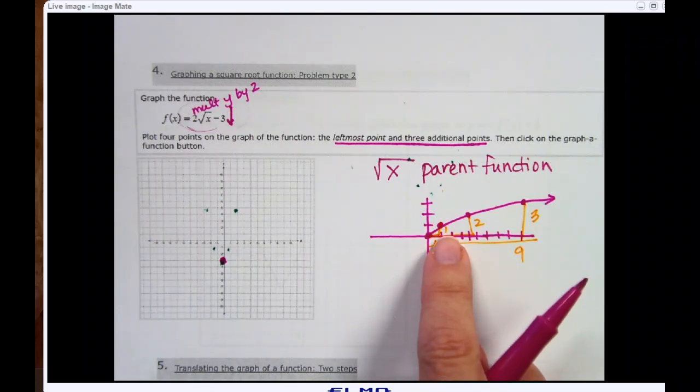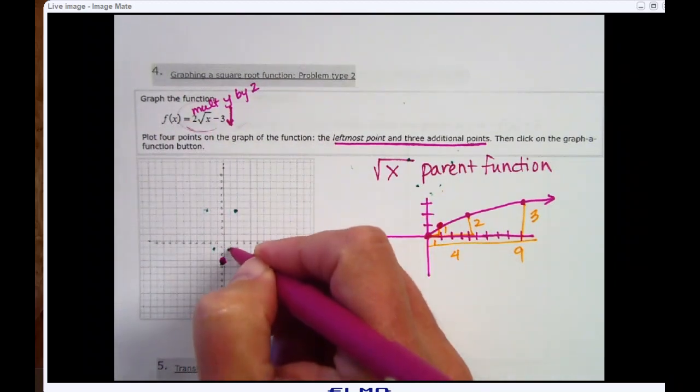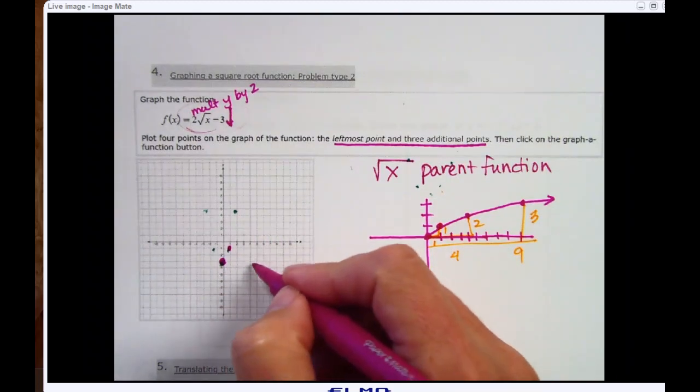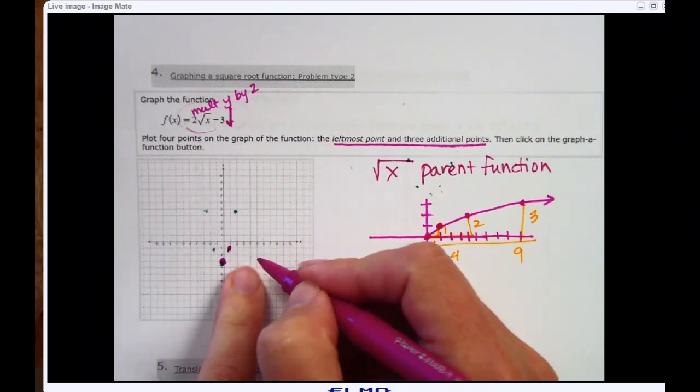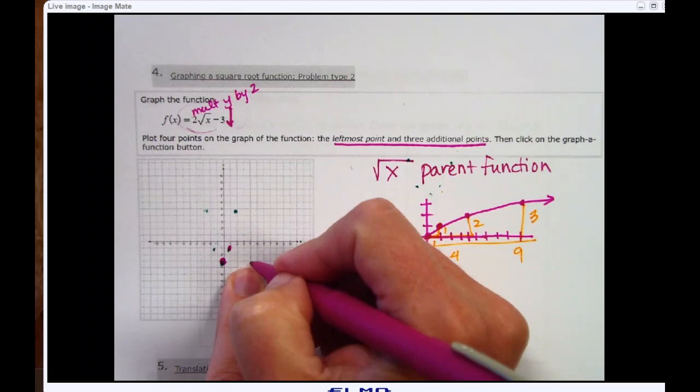We would be going over 1, up 1. So we've got to do 1 times 2. Over 1, up 2. Over 4, up 2 times 2 is 4.